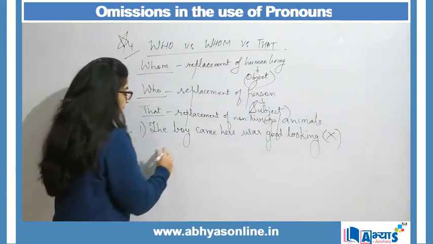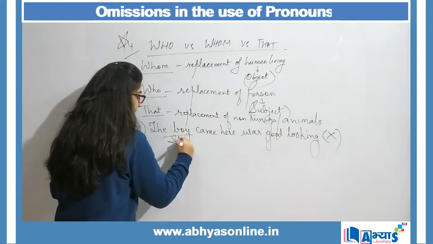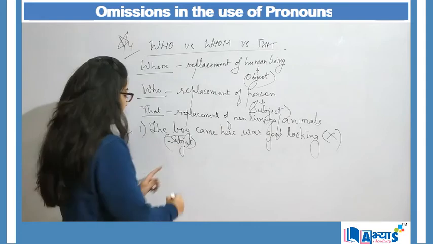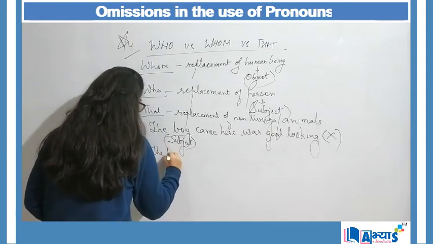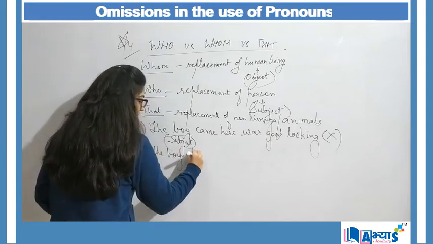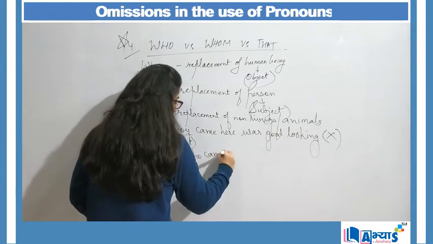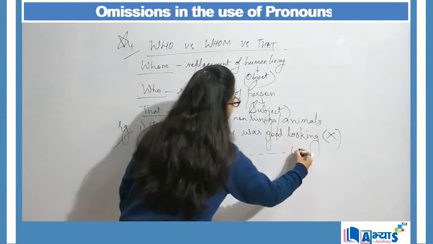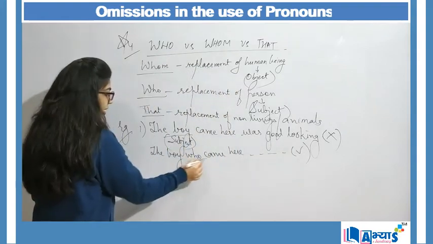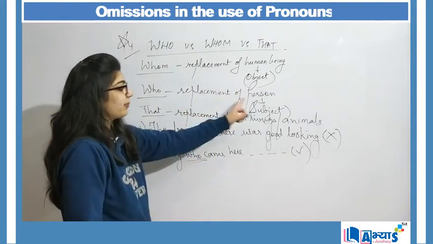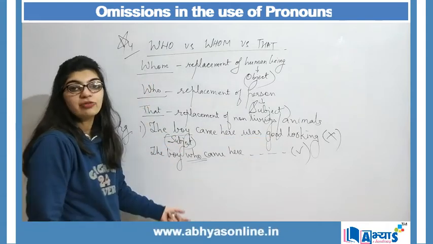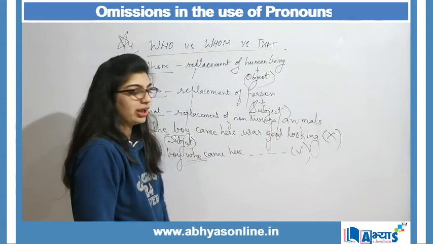The boy over here is my subject and I will say the boy who came here was very good looking, and this will be my correct sentence because who is used for the subject of the sentence. The boy is the subject and therefore I am using who for the boy.